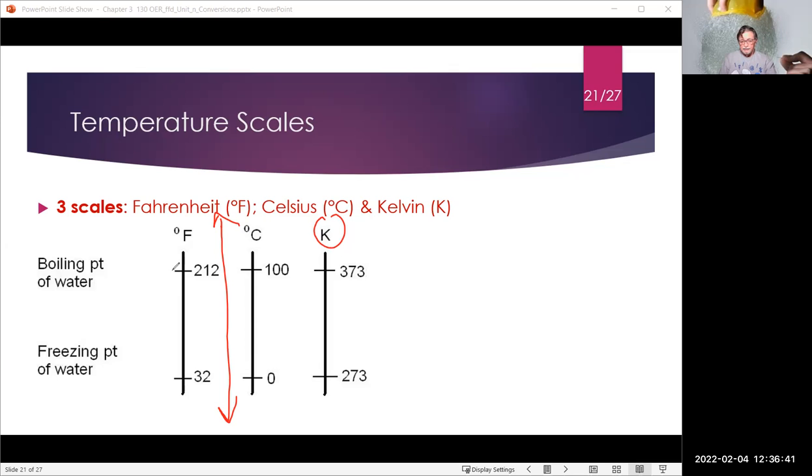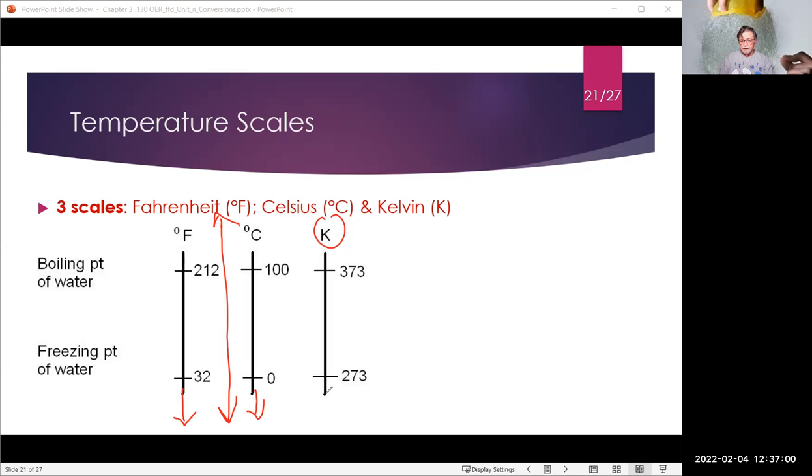Say this is the boiling point of water: 100 degrees Celsius is 212 Fahrenheit. 0 degrees Celsius is 32 Fahrenheit, freezing. Both of these scales go to infinity, to wherever the number may be.